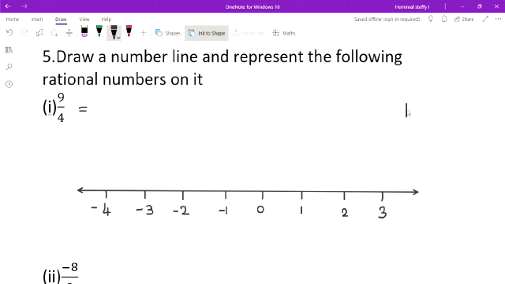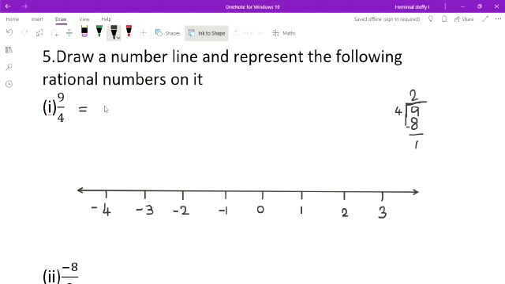So I am taking 9 and 4. 9 divided by 4. How many times does 4 go into 9? 2 times. 2 4s are 8. 9 minus 8 is equal to 1. So what is the whole number? Mixed fraction we have the whole number, numerator and denominator.